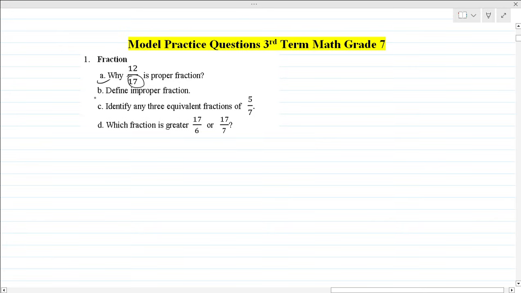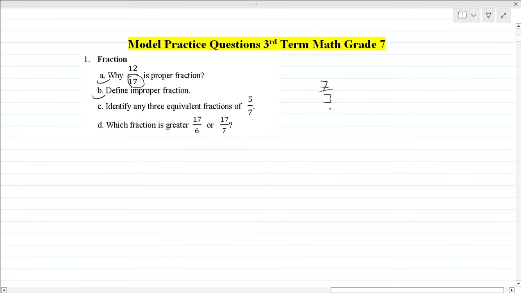And after that, let's go for part B. Define improper fraction. An improper fraction is one where the numerator is greater than its denominator, or the numerator and denominator are both equal. For example, suppose there is 7 divided by 3.